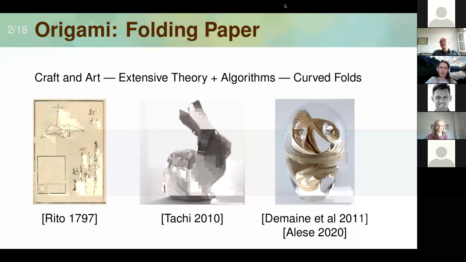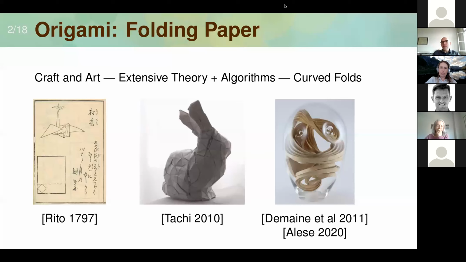By these curved folds, the resulting object curves into space and you can create really nice things with it. I'm mentioning this in particular because only this year, Leonardo Alese from TU Graz has managed to show mathematically the existence of these surfaces, where in practice existence is known because you can make them. But it was not known before whether this existence is just due to some small buckling or superglue or whatever.